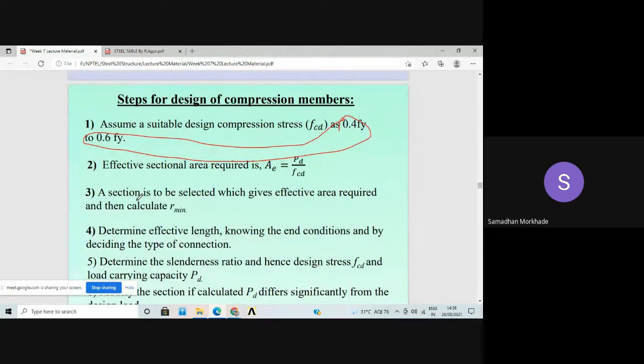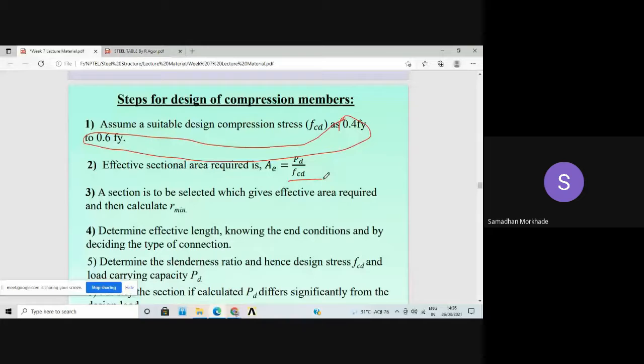We have the PD formula: PD is equal to AE into FCD. Therefore, effective area is equal to PD upon FCD, and FCD has been assumed in step number 1. So this step number 2 will give the area of the cross section required.